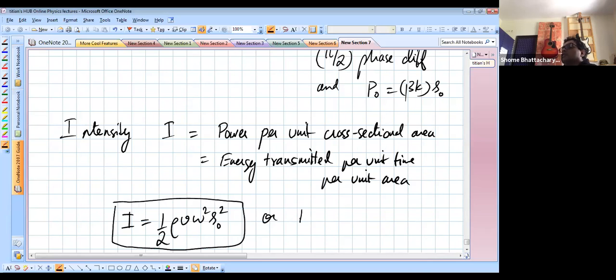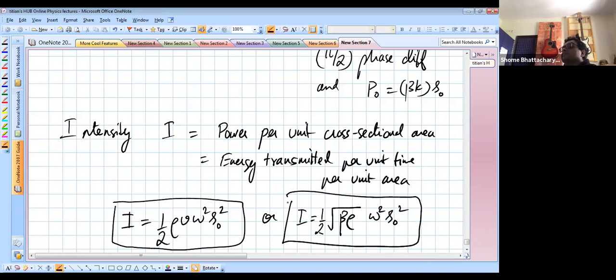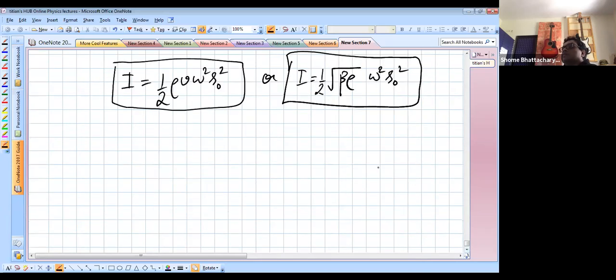Or you can also write the intensity as half square root of Bulk's modulus into density into omega square into S. And in case it is sound propagating through a gaseous medium, we always replace Bulk's modulus in terms of gamma p. So that's fine. So this becomes the formula.